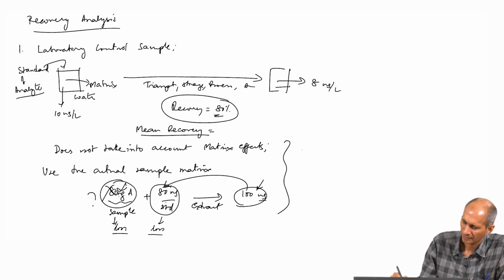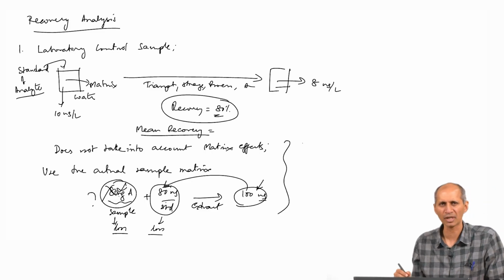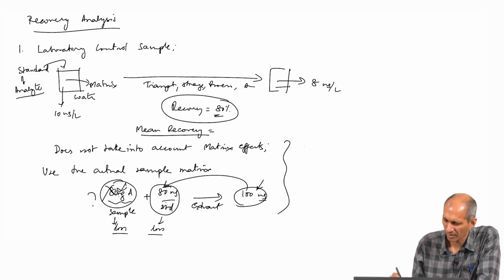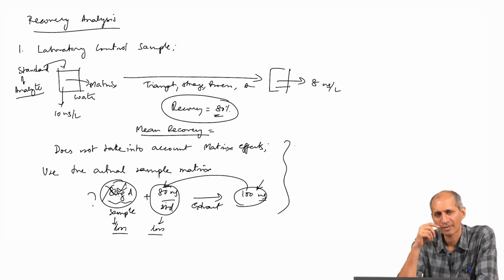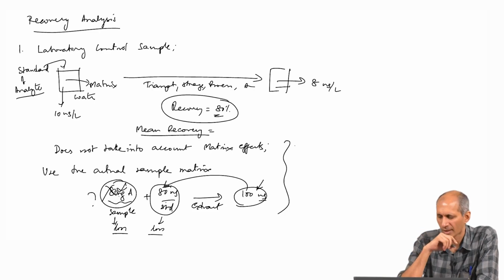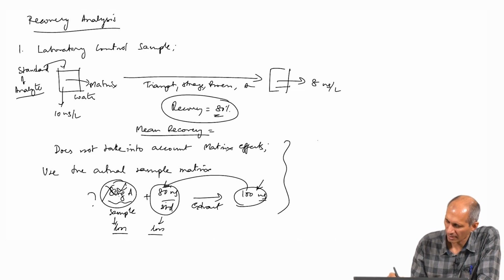Now, you have no a priori way of finding out, but you have already some guess of what you are looking for. So, it is a very tough situation because it is difficult for us to find a compound that is not the analyte, but is close to the analyte. This is where we get to the definition of what is called a surrogate standard.